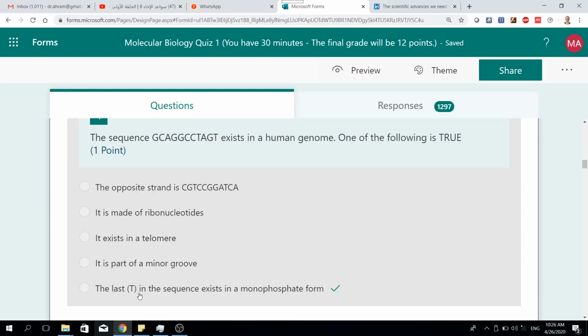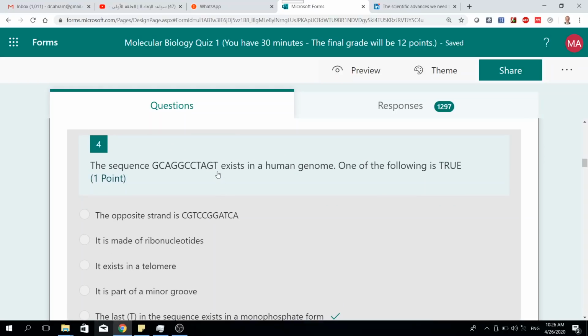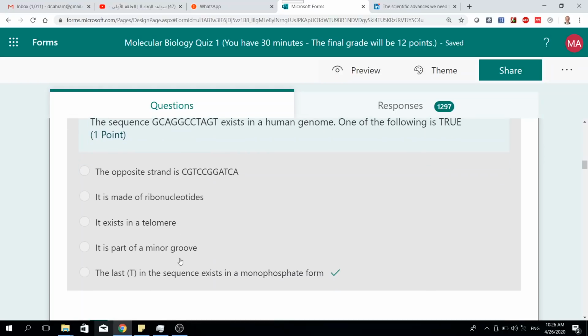That's the right one: the last T in the sequence, this T right here, exists in a monophosphate form, and that is right. Because if you look at the structure of DNA, you would notice that every nucleotide is actually a monophosphate, not a diphosphate, not a triphosphate. So look back at your slides.